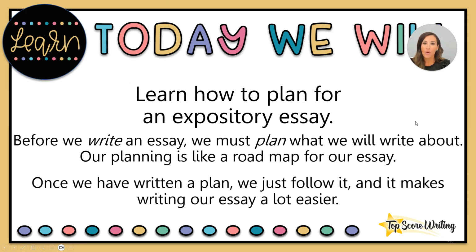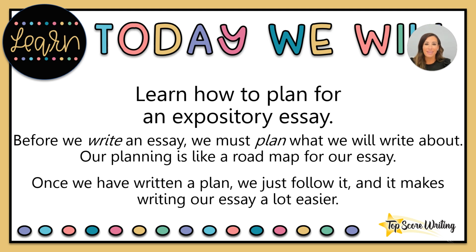Now, for today, we're going to learn how to plan for an expository essay. Before you write your essay, you have to plan what you're going to be writing about. Planning is the most important piece of the writing process because you want to take all your thoughts and ideas, plan them out on paper, and then write your essay.